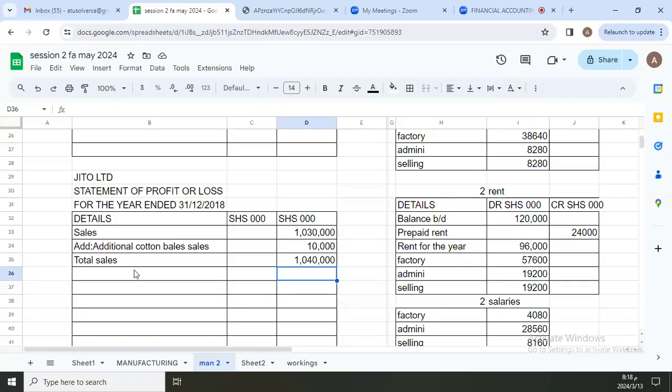So after getting sales, we go to less cost of sales. Please, can someone mute?